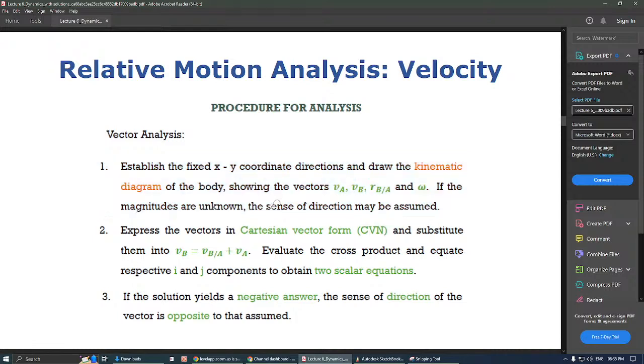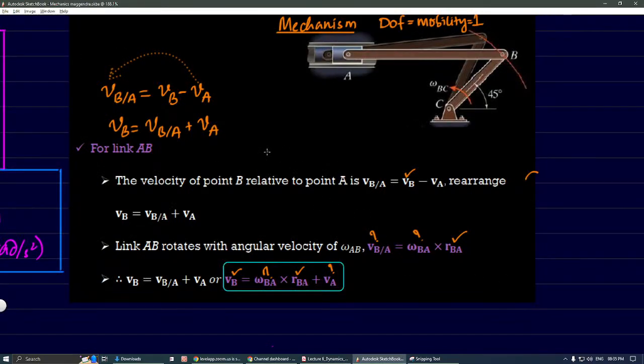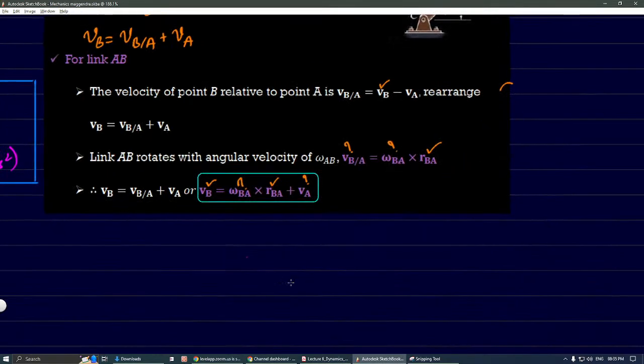What do you mean by sense of direction? Let us say we know that velocity is acting in a particular direction. But it can be in forward direction, right direction, or left direction. So this is called sense. Forward or backward is called sense.